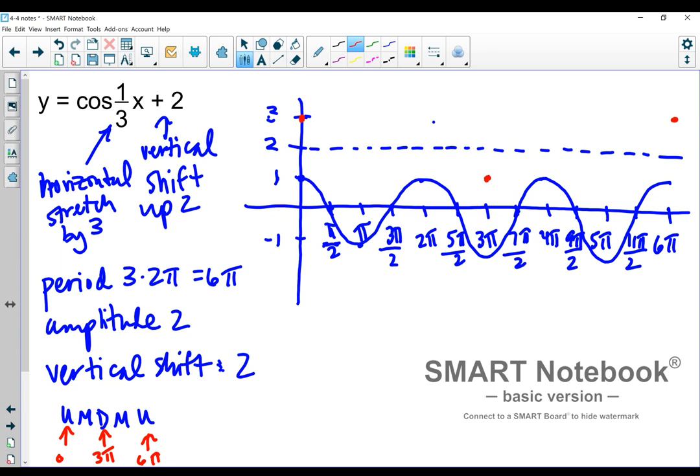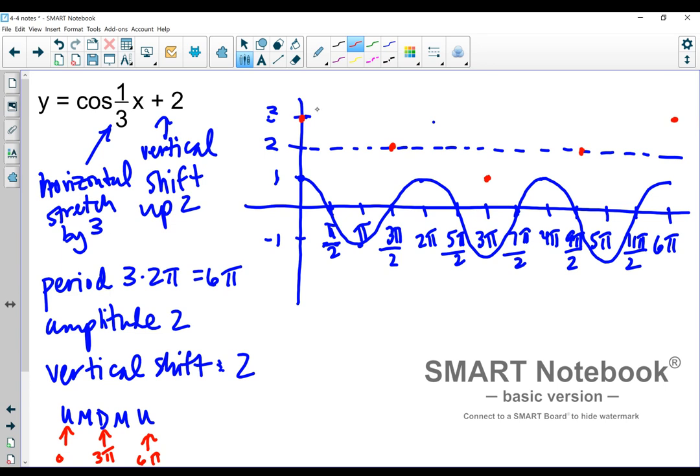And then the only ones that are left are the middle ones. So let's see, halfway between 0 and 3 pi, that would be this 3 pi over 2. And then halfway between 3 pi and 6 pi would be this 9 pi over 2. So I can kind of see it's halfway on the graph, or I could actually do it with algebra, right?